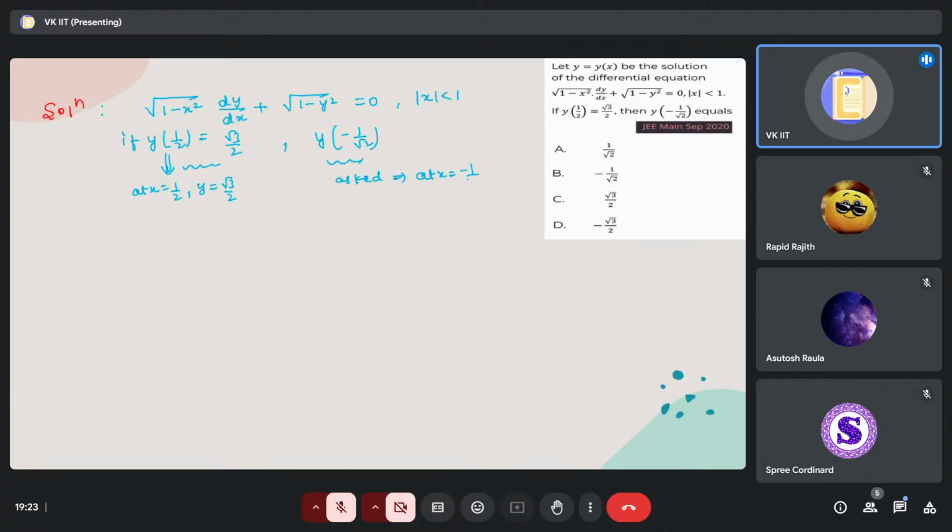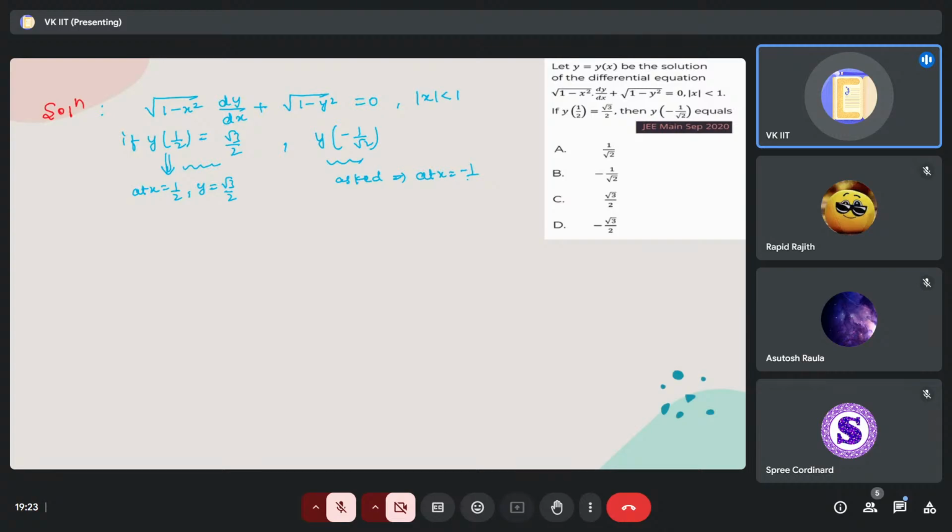First of all, you can see this is under root of 1 minus y square, and this is under root of 1 minus x square. So we can try to separate them. This is under root of 1 minus x square dy by dx. Let's take the under root of 1 minus y square on the right side, so it will come with the negative sign. Now this is in terms of y and this is in terms of x.